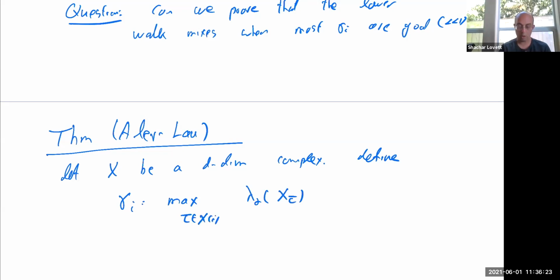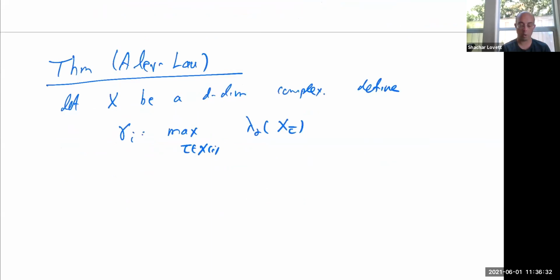So we're asking that all the faces in level i should be somewhat good one-sided expanders. Notice, by the way, this is a notion of one-sided expansion, which turns out to be the useful notion when looking at sampling or mixing type results.